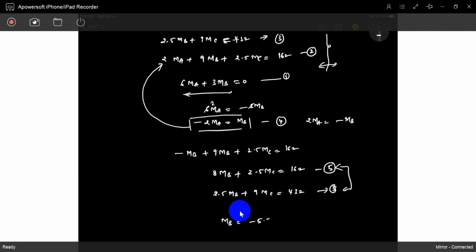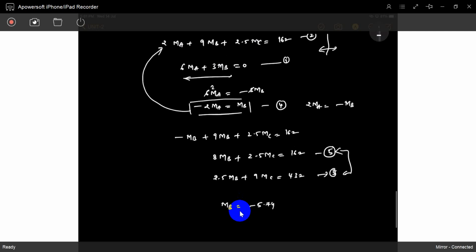MB is minus 5.7, MC is minus 46.40. Those are the equations. If something is wrong, you can check it, you can do the problem. MB and MC are understood.